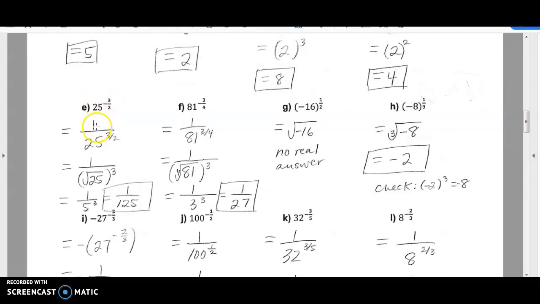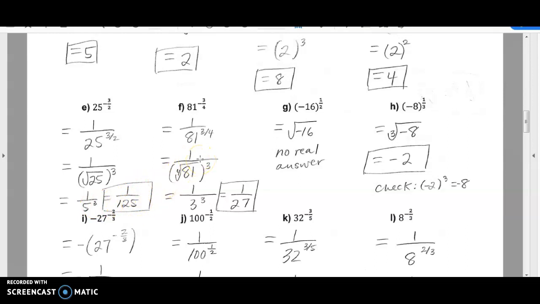So the 25 becomes 1 over 25, and then the negative 3 over 2, once we flip the base, we can write that as positive 3 over 2. And now we do what we've been doing in all the other questions. The 2 here means square root of 25, and the 3 means power of 3. So the square root of 25 is 5. Then 5 cubed gives us 125, so our final answer is 1 over 125.